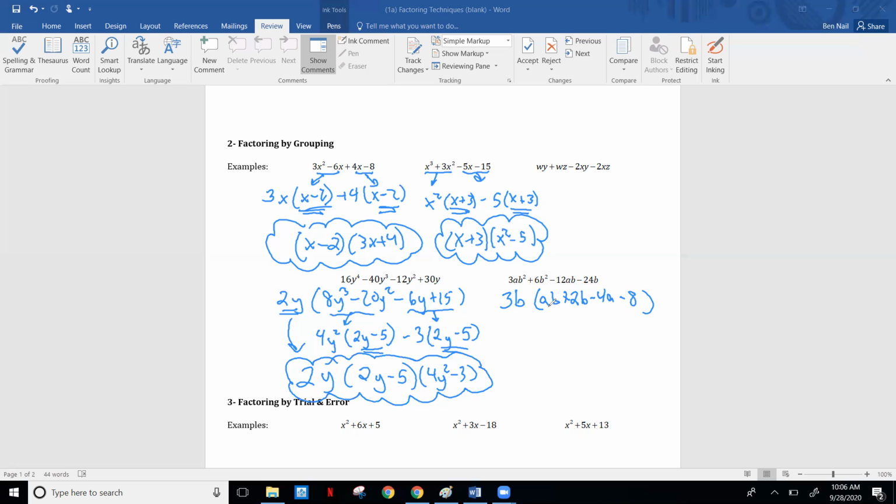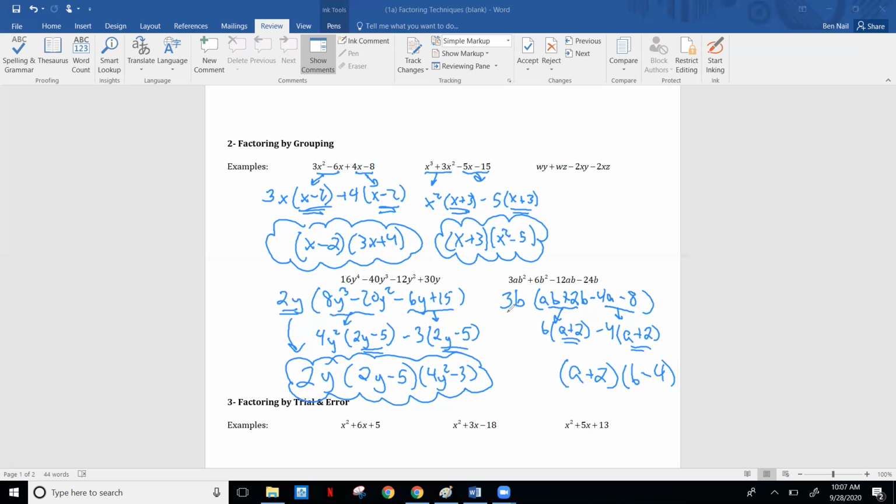And again, looking at these groups, we can factor out a b, leaving us with a plus 2. Looking at this group, negative 4a and negative 8, we can factor out a negative 4, leaving us with a plus 2. And again, that greatest common factor becomes visible, so we have a plus 2. If we factor that out, that leaves us with b minus 4.